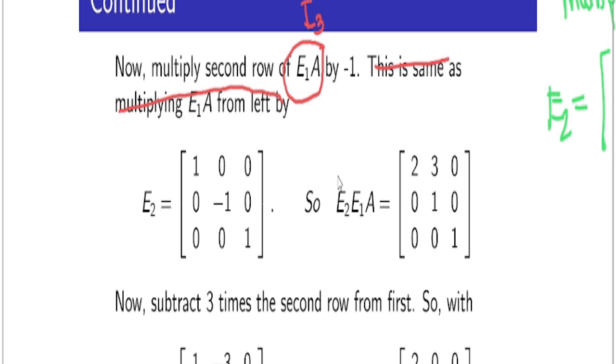This is E1 into A. After multiplication, we get the product of this matrix as 2 3, plus 1, 0, 0, and the multiplication of E2 into A is equal to 2 3 0, 0 1 0, 0 0 1.